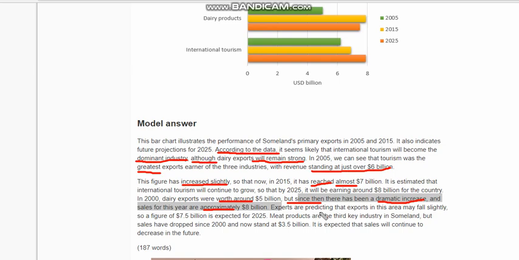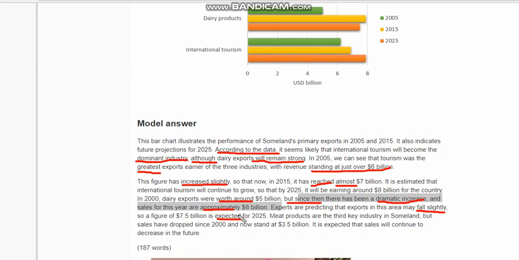Experts are predicting that exports in this area may fall slightly, so a figure of 7.5 billion is expected for 2025. So expected, this word is used to predict something.